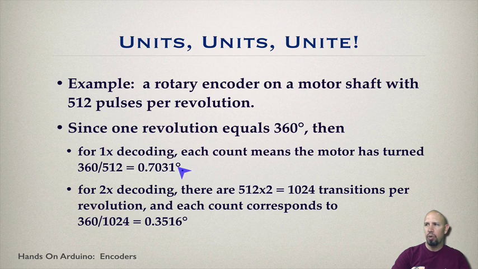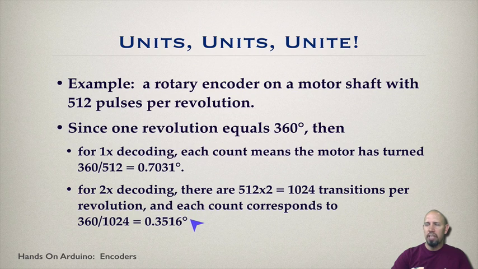For 2x decoding, in each revolution, we have 512 times 2 transitions. That gives us 1024 transitions per revolution. So when you divide 360 by that, we get 0.35 degrees. So notice in this case, each time we get a pulse or a rising edge, that means we've gone 0.7 degrees.